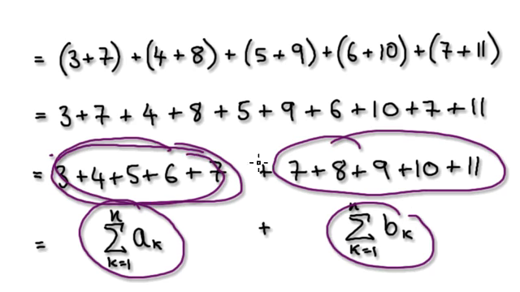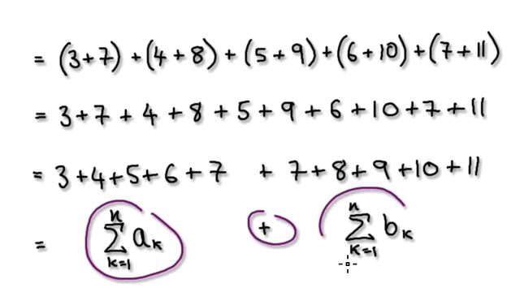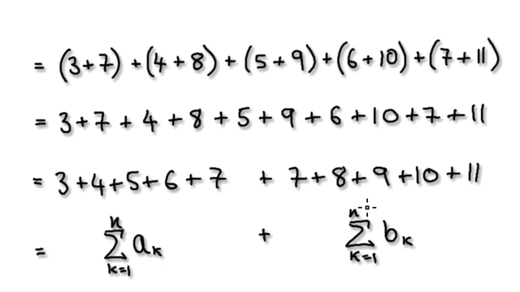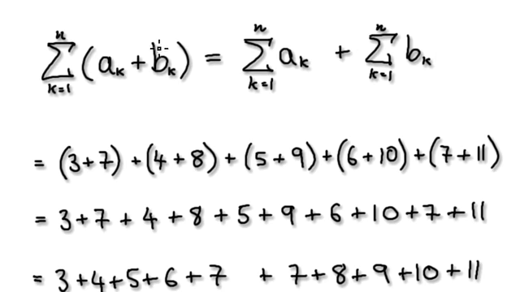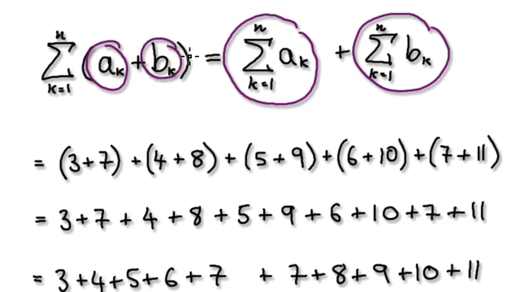Now you would get this plus this thing here. So when you're trying to sum up one sequence plus another sequence, you can just concentrate on summing up this sequence, and then on a separate occasion sum up this sequence, and then just add the two together.